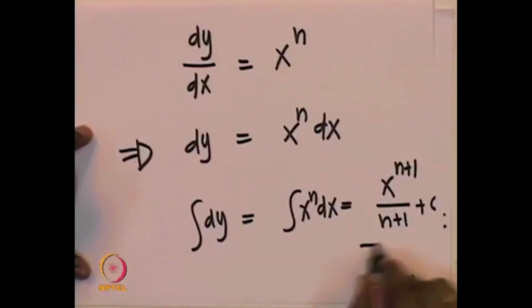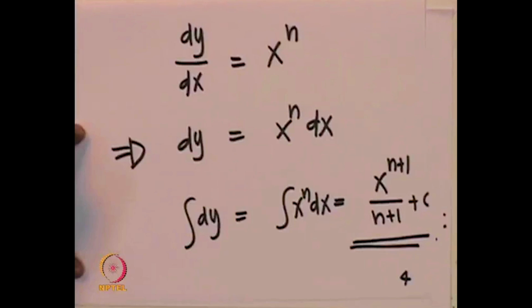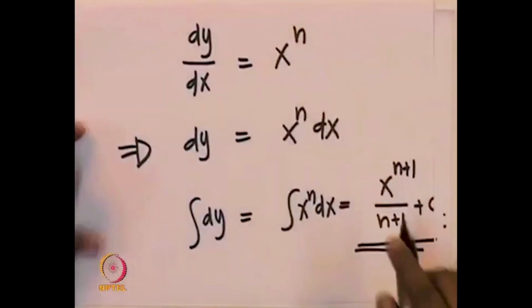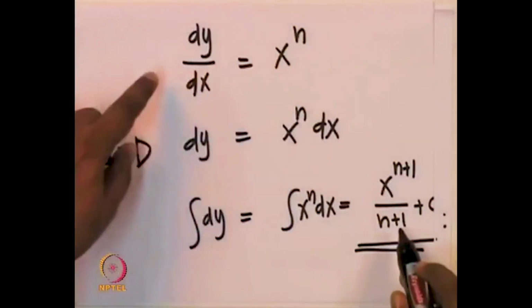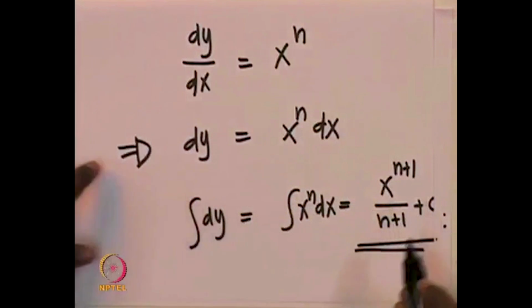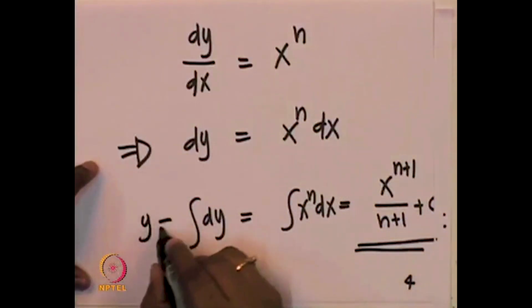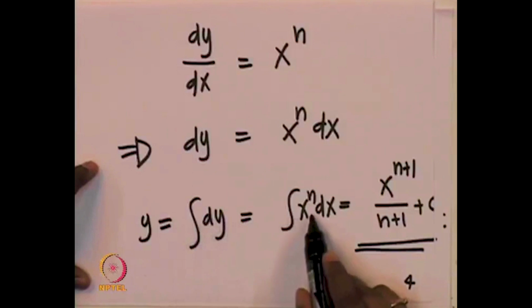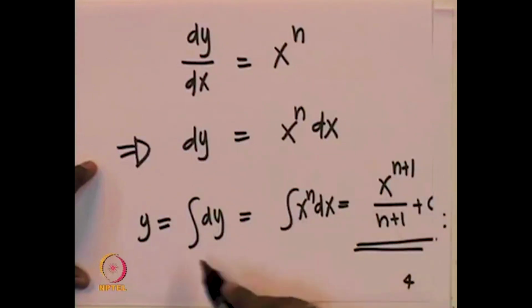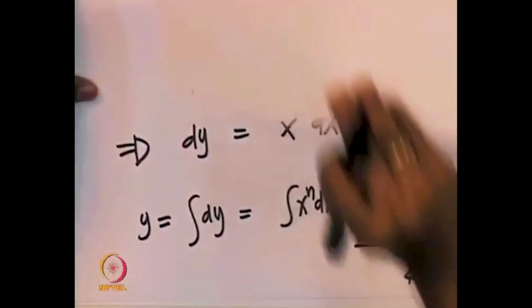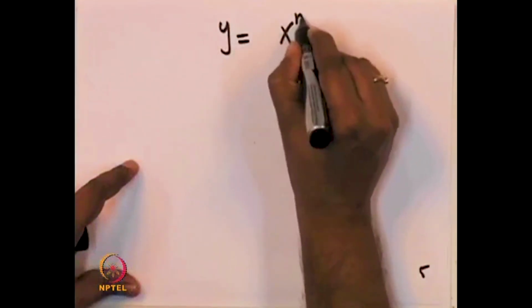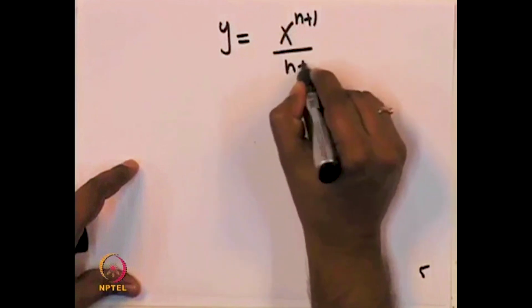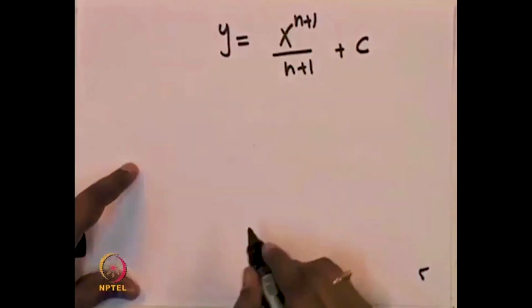Now let us find the derivative of this. To get y we integrate dy, and what you get is y, which is nothing but this. So we found that y is equal to x power n plus 1 by n plus 1 plus a constant c.